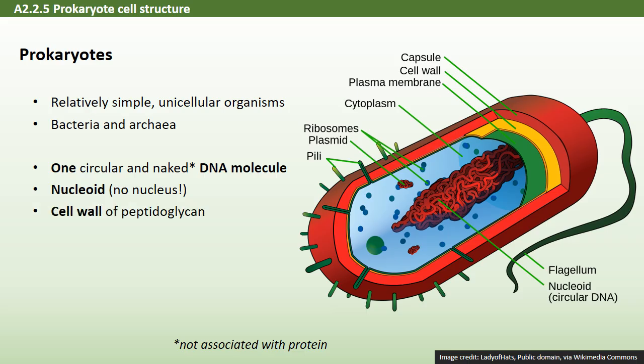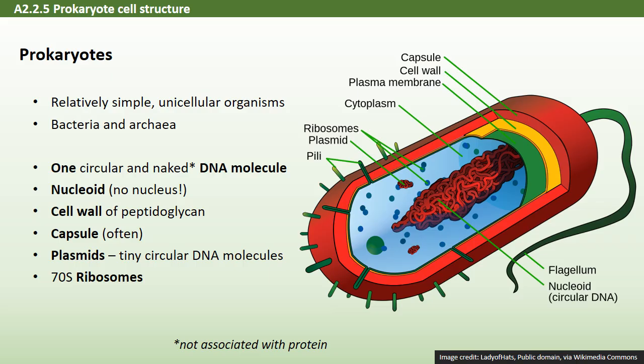They have a cell wall like fungi and plants, but it's made of peptidoglycan, so it's not the same as fungi and plants. They often have a capsule around the cell wall, and they have plasmids, tiny circular DNA molecules that can be exchanged between prokaryotes.